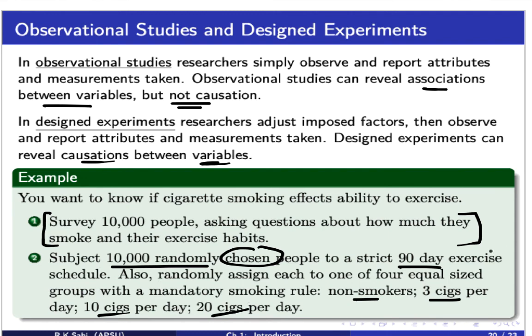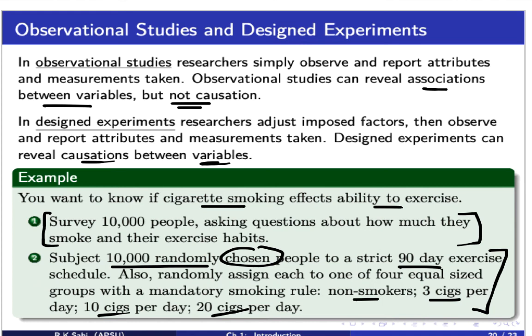So here, as they really want to know whether cigarette smoking affects the ability to exercise, they had those 10,000 people, divided into 4 groups, and they had to do a 90-day exercise, but under specific conditions. You will not smoke, or you can have 3 cigarettes per day, or 10 cigarettes, or 20 cigarettes, and then they will do their observations and show their reports.